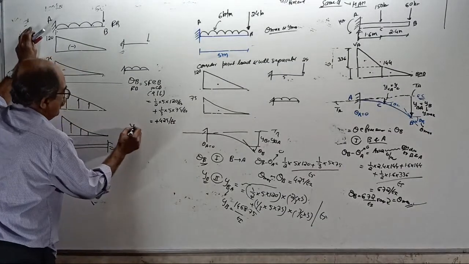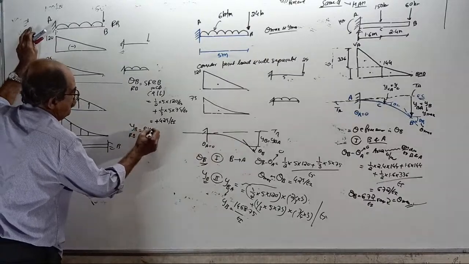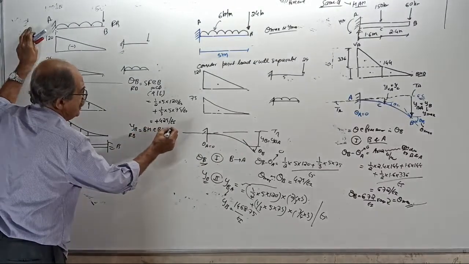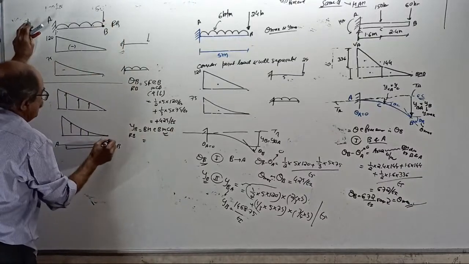Then if you want deflection at B, deflection in the real beam equals the BM at B in the conjugate beam, sagging positive. Deflection here is the bending moment here.